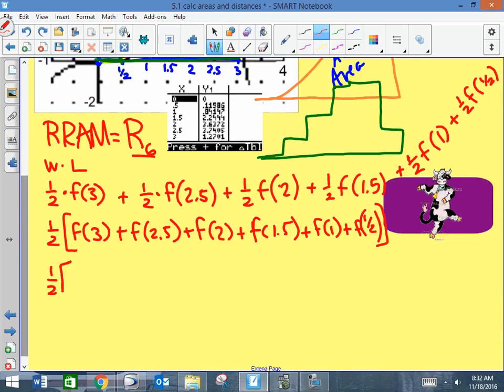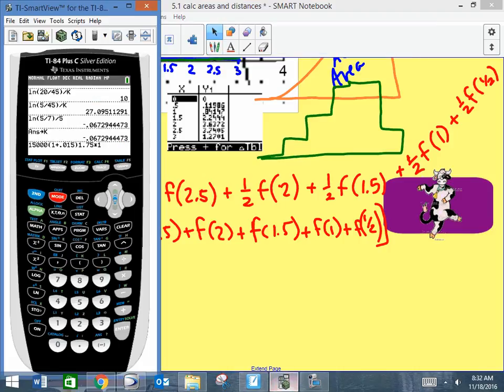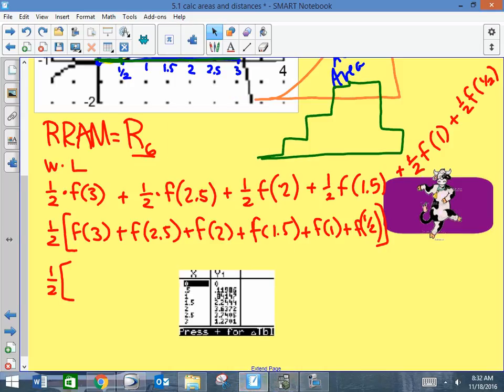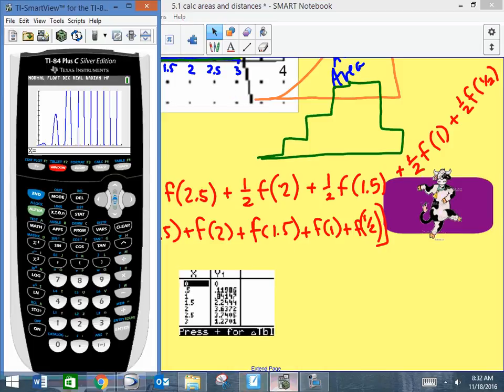Okay, so now I got to grab my numbers. Now, when you put this in the calculator, you can set the table like I did. You all know how to set the table? No?